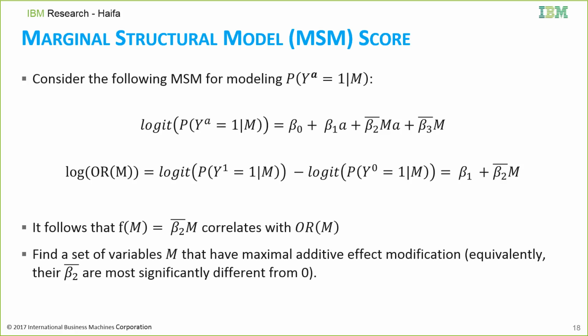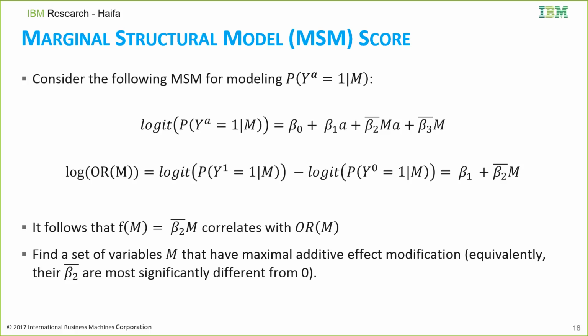When you look at the odds ratios, comparing the case where the patient got treatment 1 versus treatment 0, it actually reduces to this simpler form. The reason we have just E1 is because when you subtract these two for A equals 1 and A equals 0, you get 0 here, so you get just the term for A equals 1.